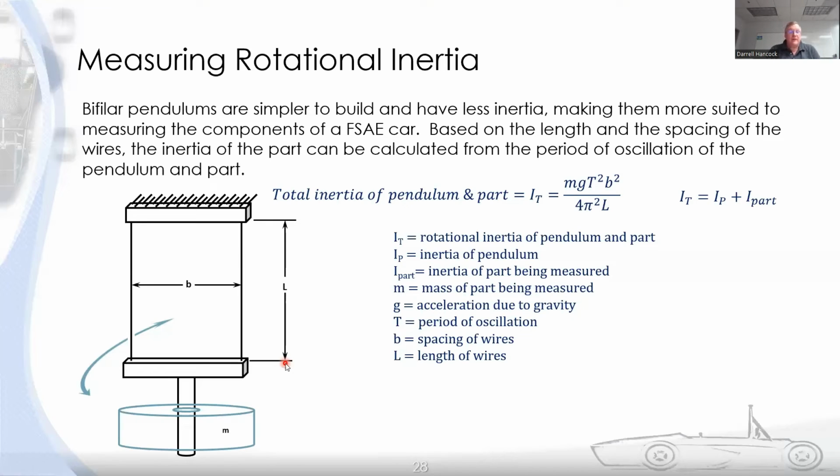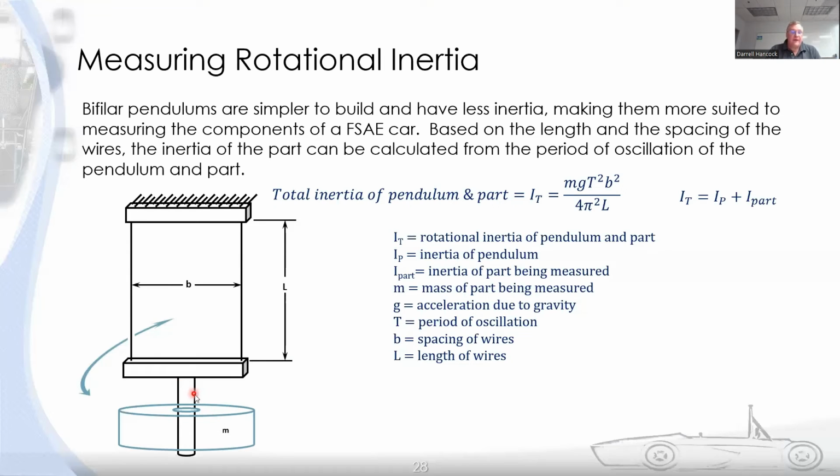And what we typically do is you let the part rotate for 10 oscillations, you time 10 oscillations, and then divide that by 10 to get the average oscillation time. That way, if you're off by a couple of hundredths of a second in timing it, then when you divide by 10, you're only off by a couple of thousandths of a second. So it makes it a little more accurate.